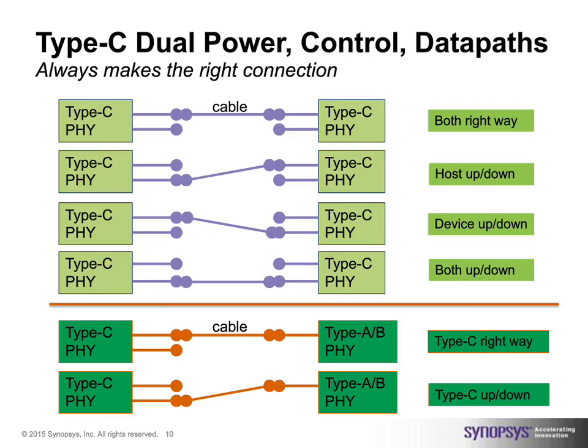This also works if you're using an adapter. So you have a type A or a type B PHY. As long as you get it correct on the type A or type B side, you can still flip it on the type C side. So it just feels right to do it this way.